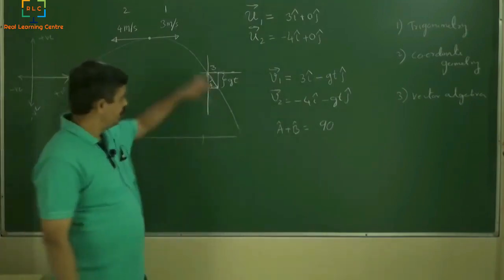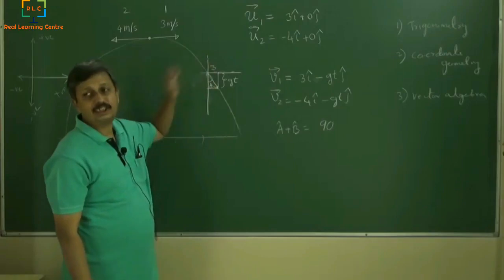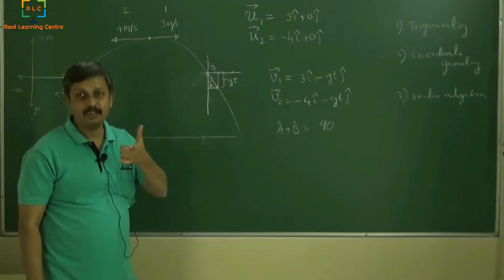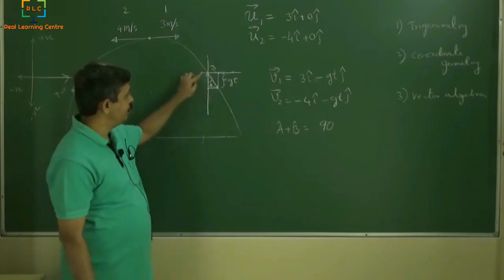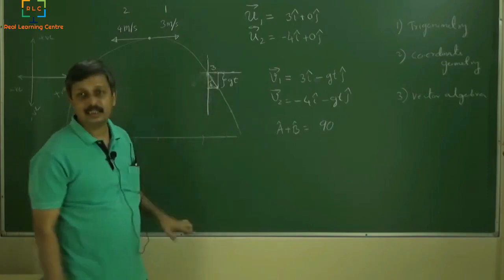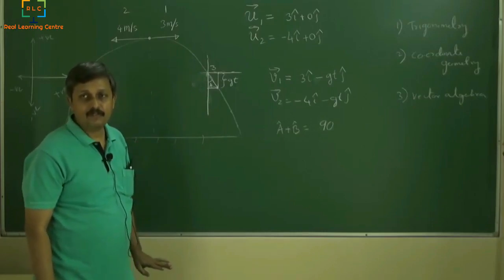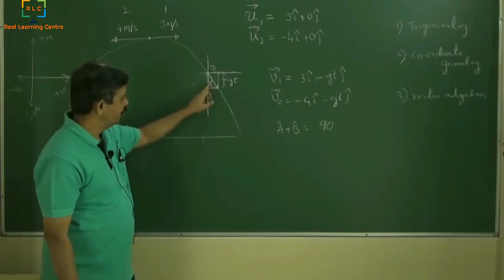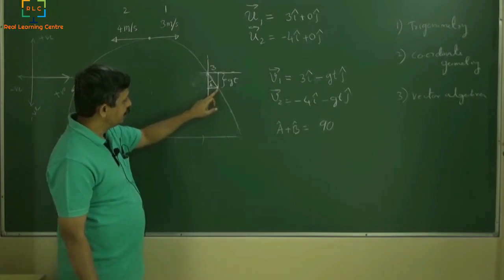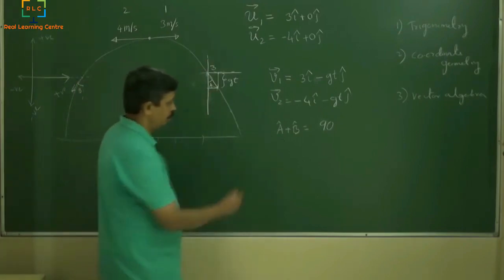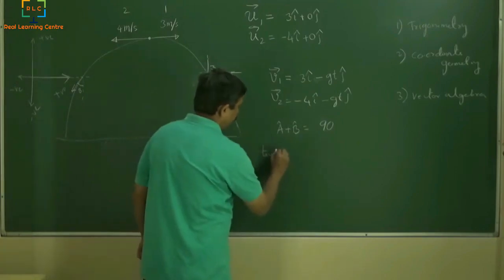That is why that vector is 3i minus gtj, because this is 3 and this is gt. In x direction it is 3, in y direction it is gt. So if you want to find out what this angle is, then simply it is tan inverse of 3 by gt. Don't you think so?